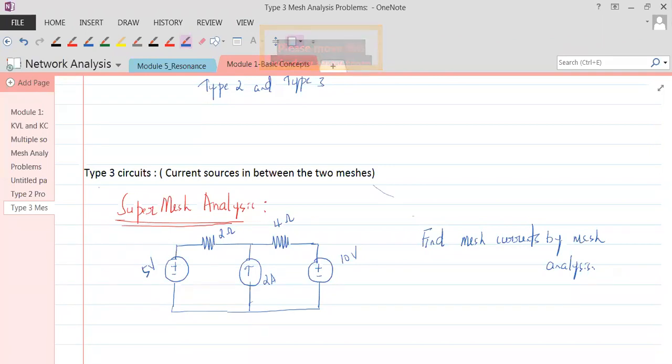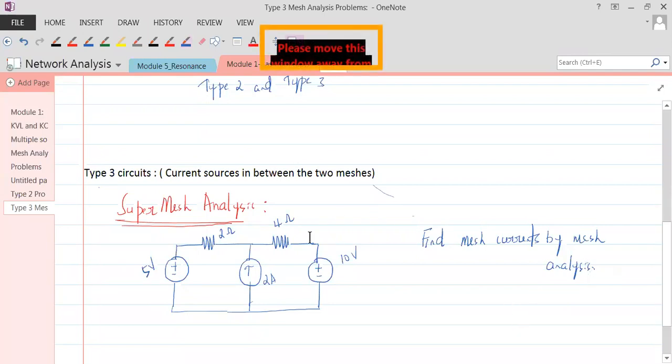Now, how do we decide whether it's a simple mesh analysis problem or a super mesh analysis problem? Whenever you have a current source in between two meshes, we combine those two meshes into one super mesh.